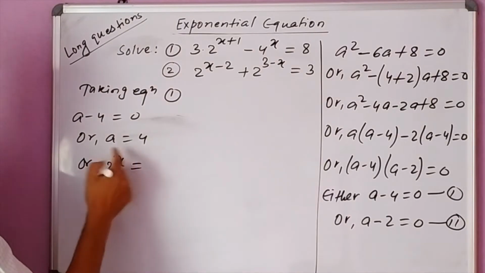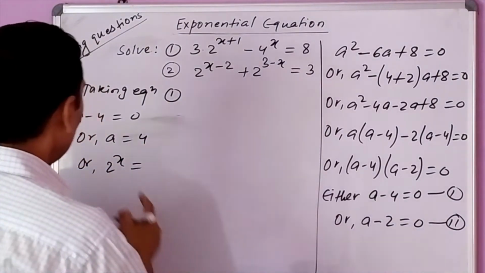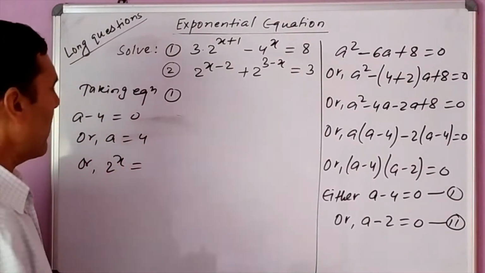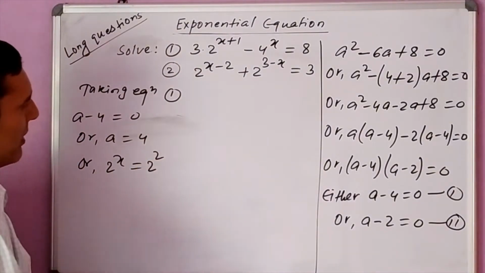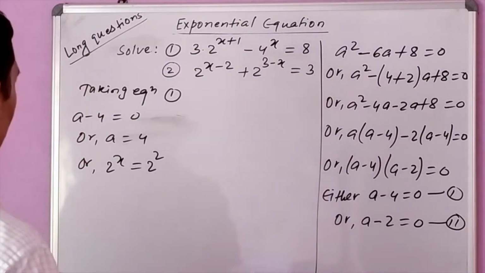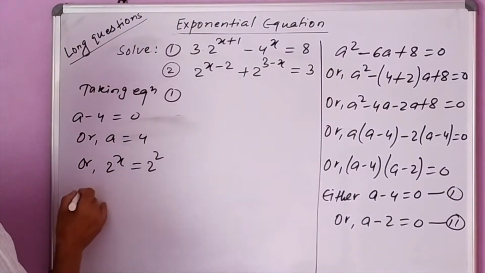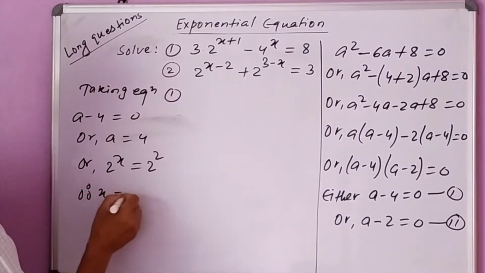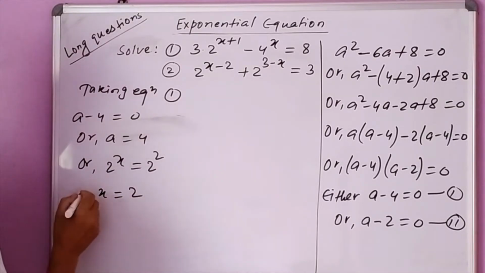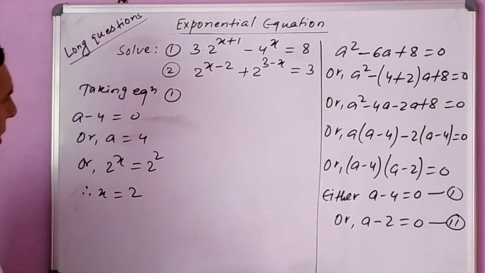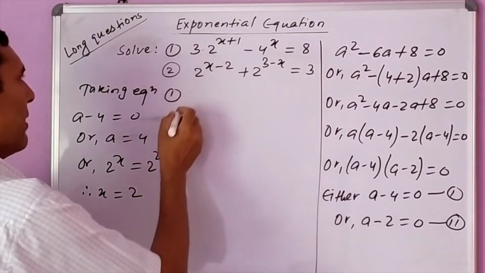We have supposed 2 to the power x is equal to a. So a can be replaced by 2 to the power x. So it is 2 square, 4 is 2 square. Now we have got the same base on both sides, 2 and 2. Therefore, x is equal to 2. So we get one value of x, 2. We will get another value of x also.